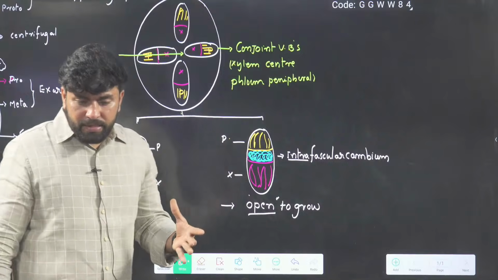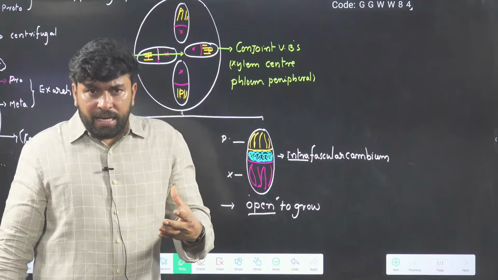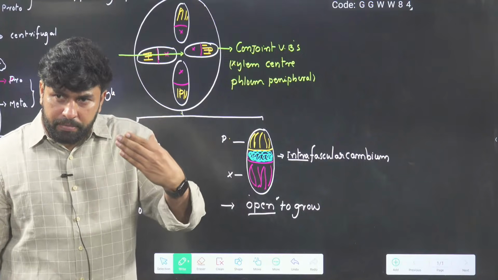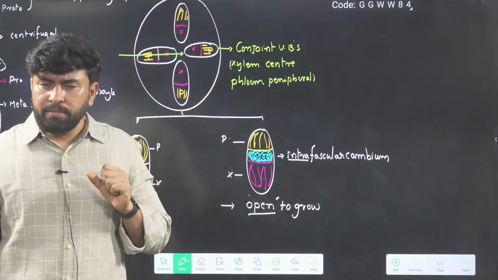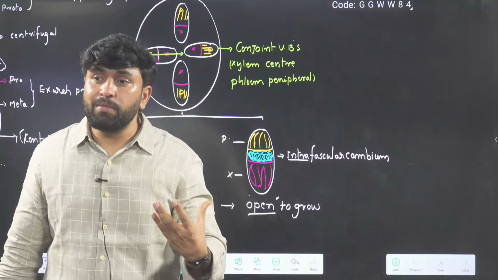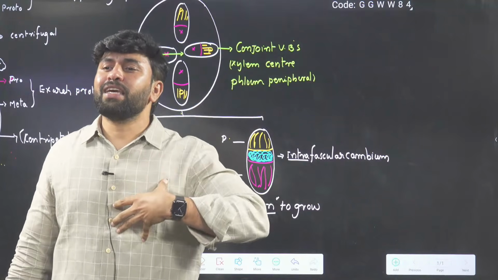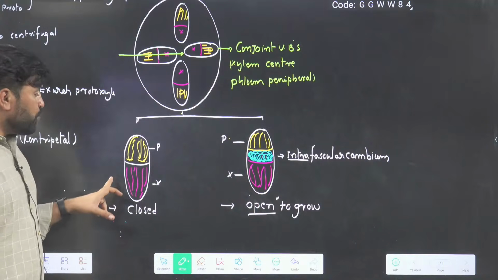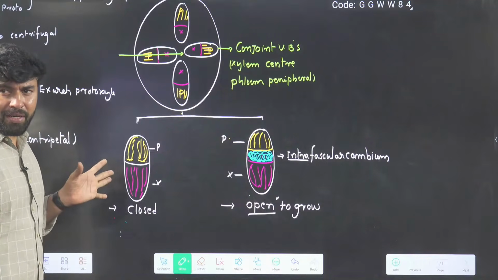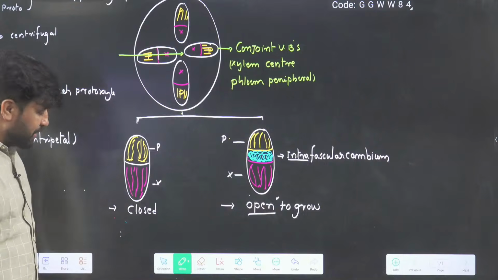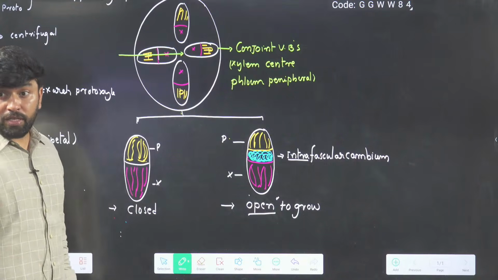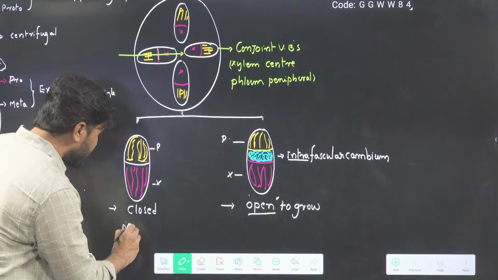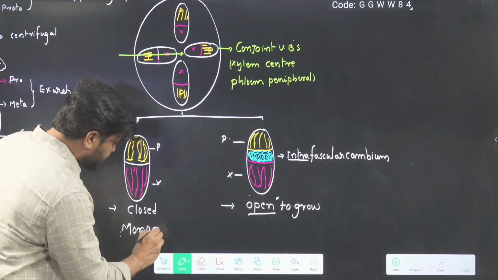Open type means they are capable of growing in future. If you stimulate them, they can increase the vascular bundle size. That's why I say they are open to grow. Open vascular bundle. But in a bundle that, whatever you do, cannot grow, growth is over. This is called closed. Closed vascular bundles are present in the monocot stem.